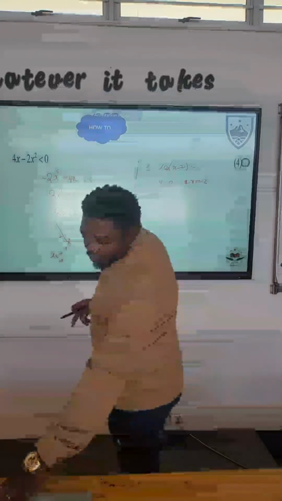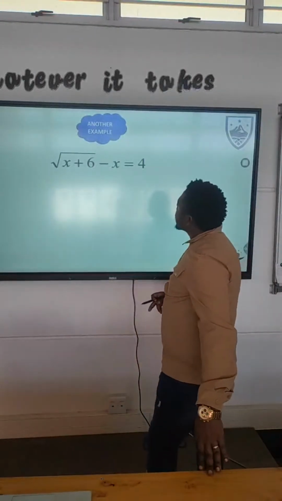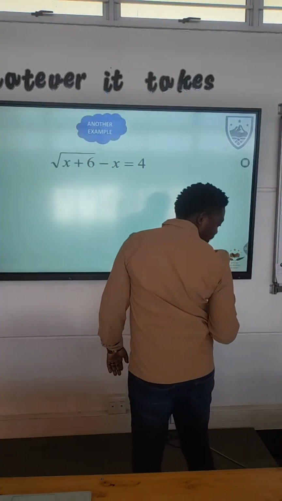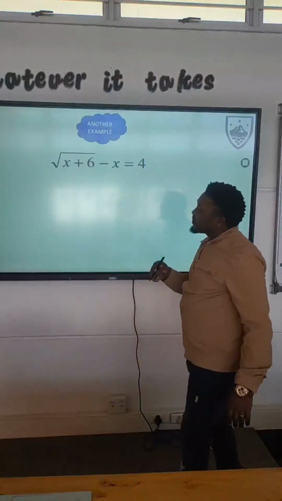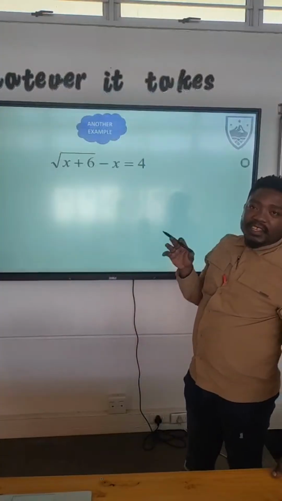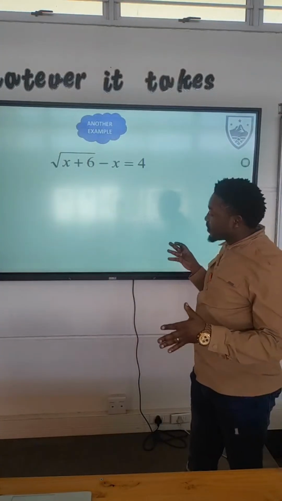And then let's go to surds. The surds that we're taught in grade 11. There's a very interesting thing about surds, because you need to isolate the surd. One thing that you need to make sure is to isolate the surd. And how do you know something is a surd?